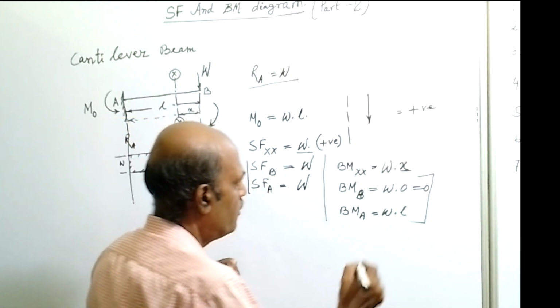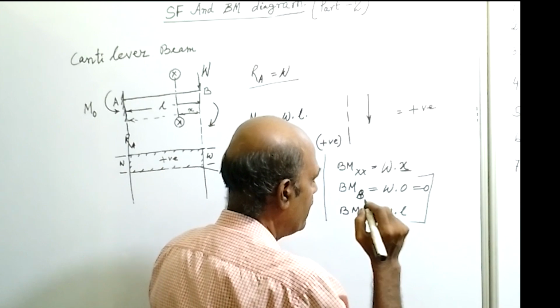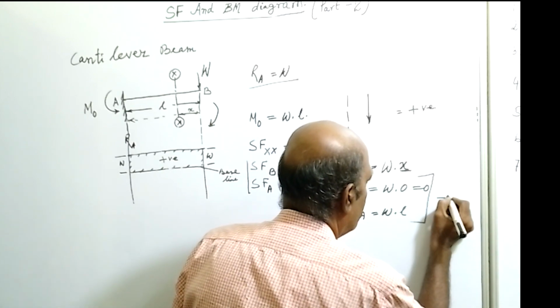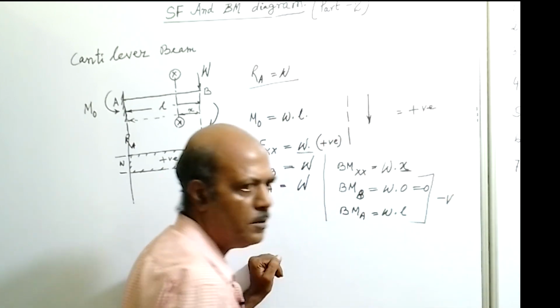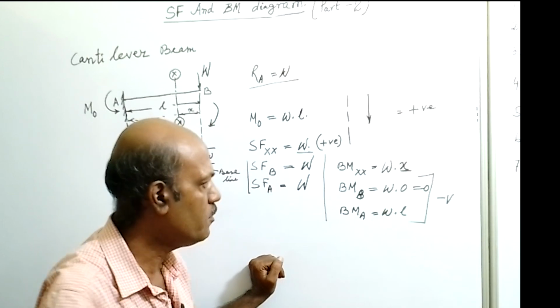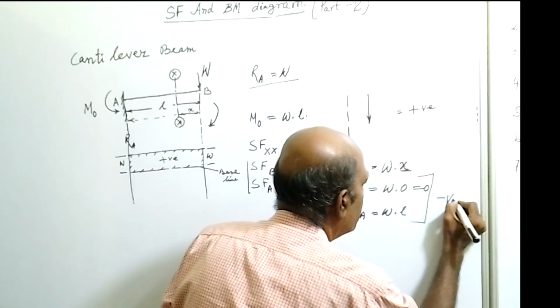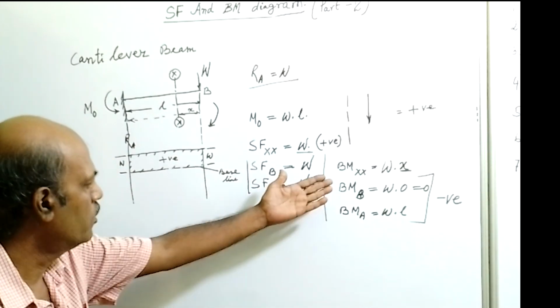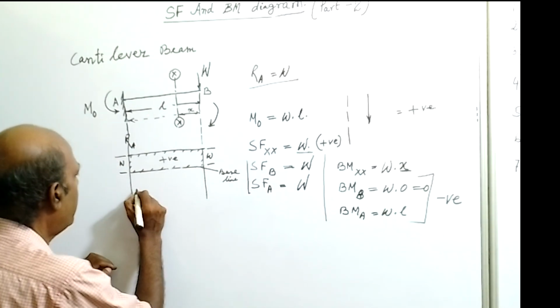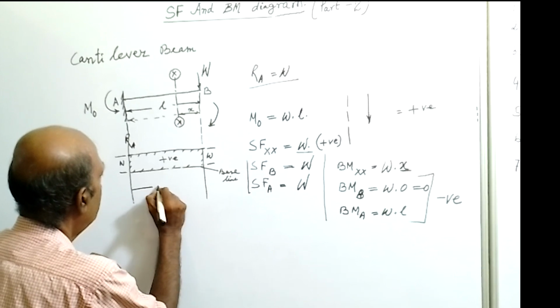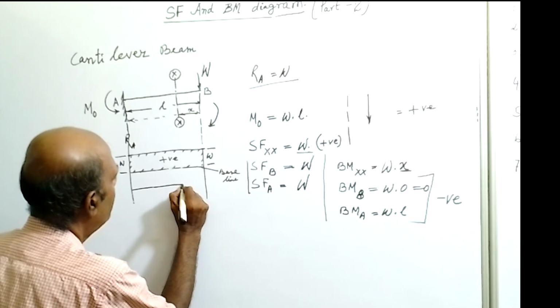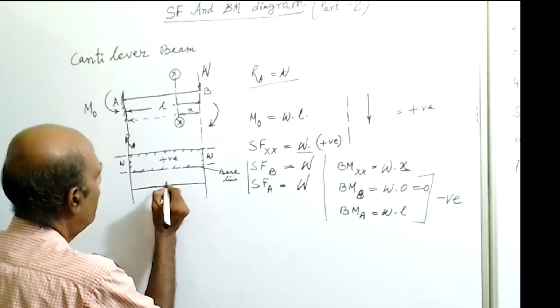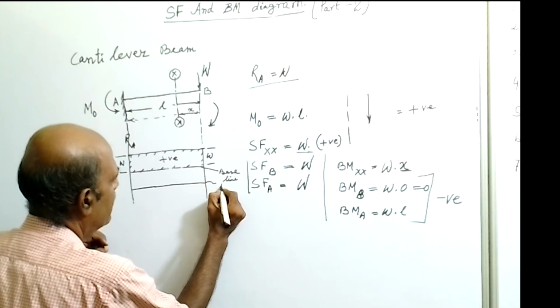So we have seen the sign convention in the last video. As per this, the sign convention will be negative. Okay. So this information we will draw here, so this is the baseline.